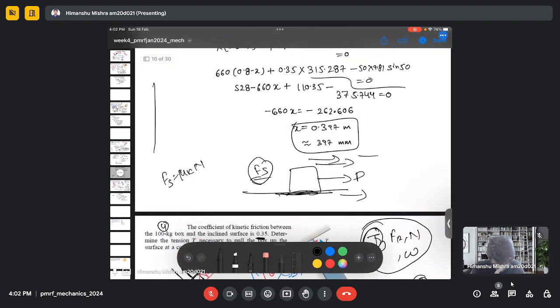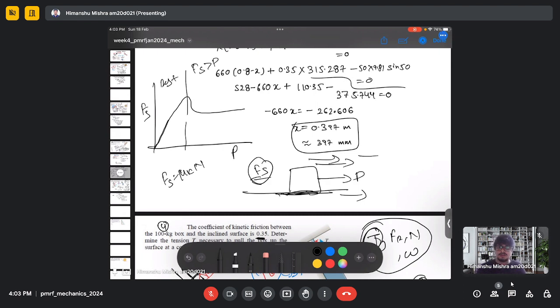the diagram, friction force versus external force, what happens is that I am actually increasing the external force. So you will have a diagram something like this. Till here the block is at rest because my friction force is greater than my external force, and this region is determined by the static coefficient of friction.